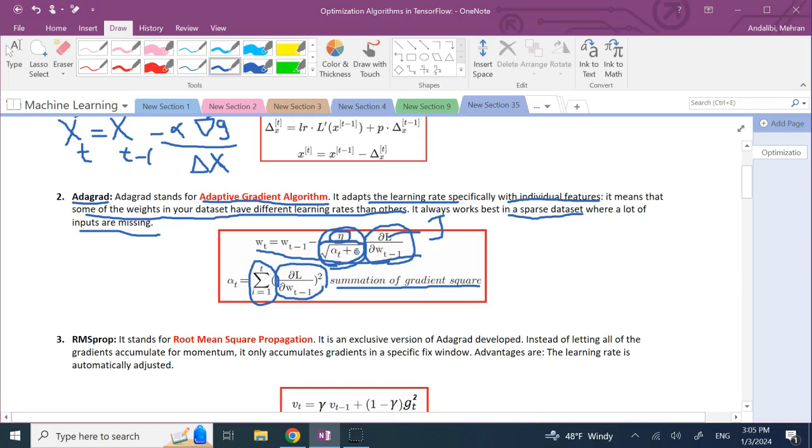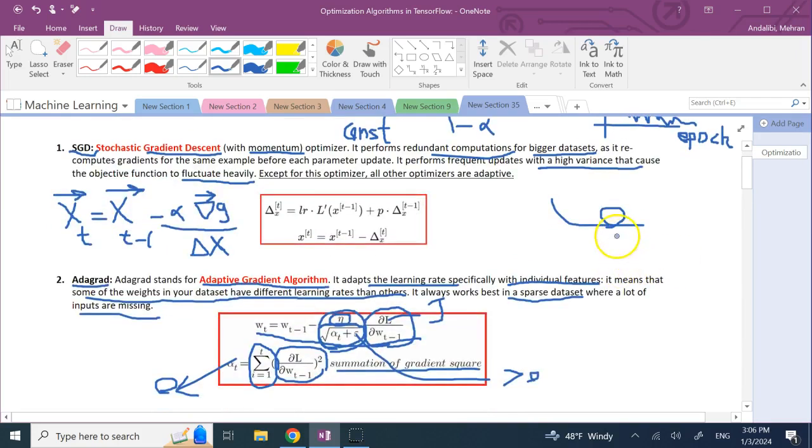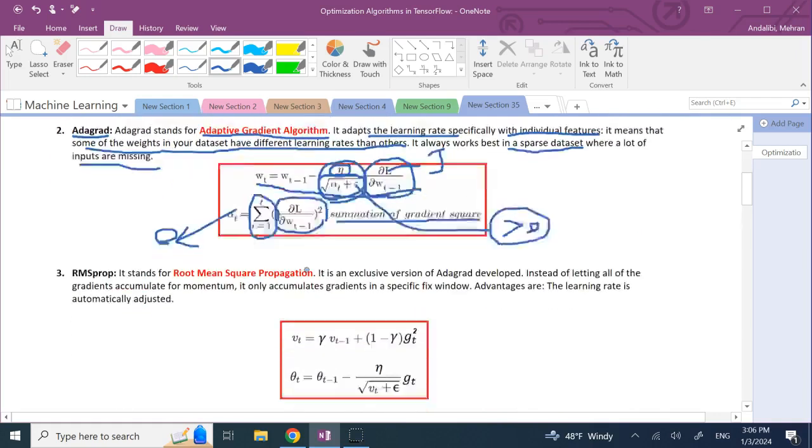This epsilon is a positive number to ensure that if for any reason at any point this alpha is 0, as I said, you go to a flat surface like this, your cost function surface becomes a plateau like that, you can get 0 gradient, and now here you have a number divided by 0. To avoid division by 0, we use this small epsilon number, so the denominator is never 0. Okay, so this is called Adagrad.